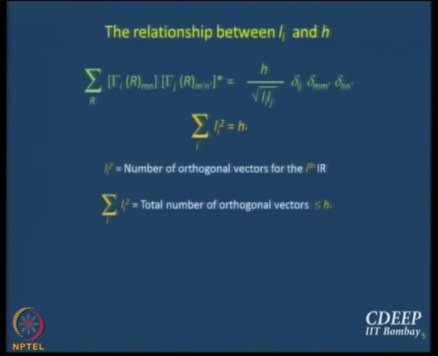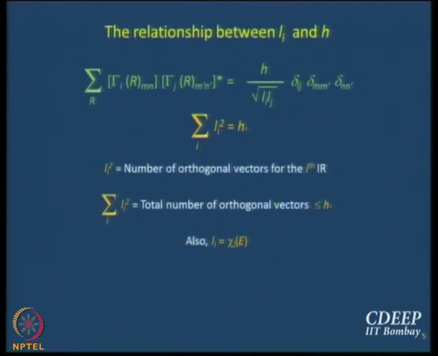Okay. So there are a few things that I need you to remember. Sum over I Li square equal to H, that is point number 1. Now the other thing is, will you agree with me if I write that Li equal to chi I E? What is chi?